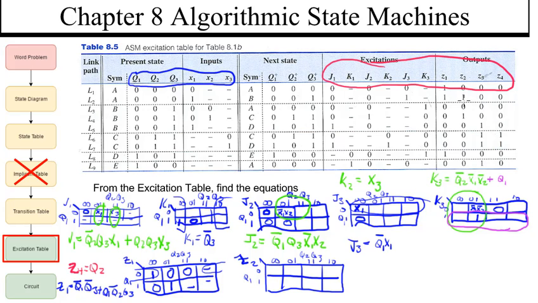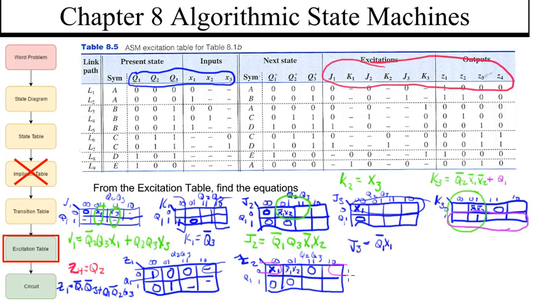Okay, so Z2 is going to be 0, 1, which is X1. 0, 1, 0. Oh, that's the same as J2. X1 bar, X2. 0 for 0, 1, 1. So my implicants are going to be right here.